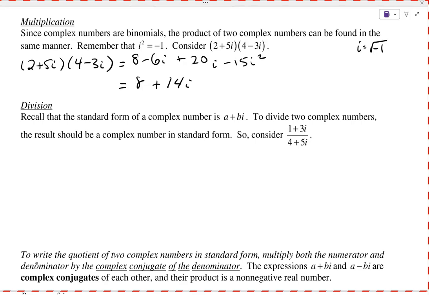That's how we define i, isn't it? When we square both sides, we get negative 1 for i squared, don't we? So over here where we have the i squared, we'll replace that with negative 1.